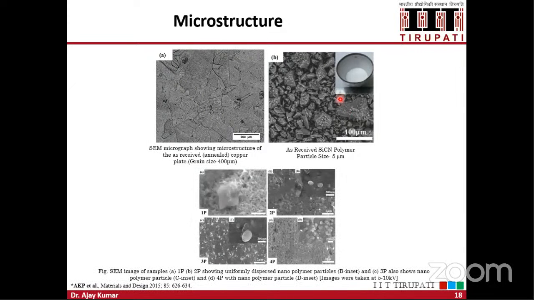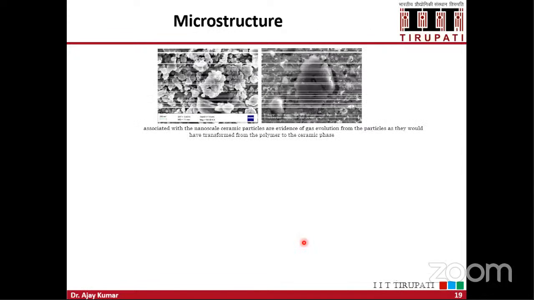And then we mixed this polymer powder in the metal matrix, and we did the multi-pass processing, and we have seen after each pass the size of this polymer powder was getting reduced, and it went to the nano size. Okay, so what will happen after this mixing? We do the pyrolysis, around 800 to 1000 Celsius.